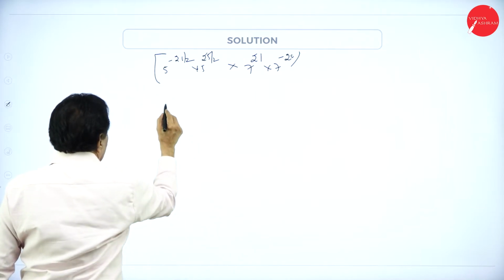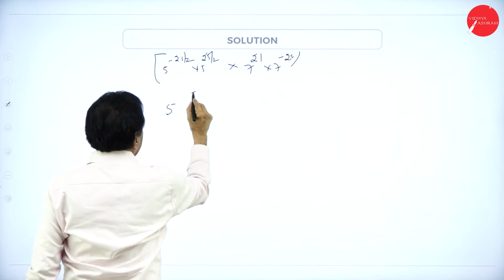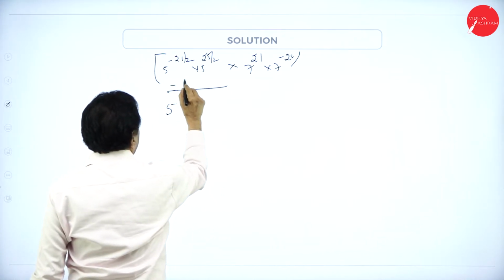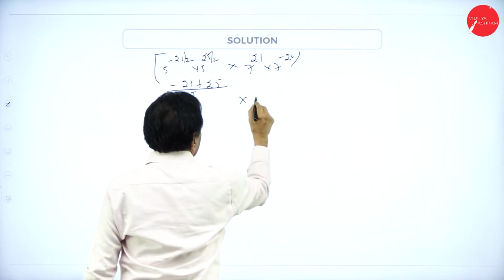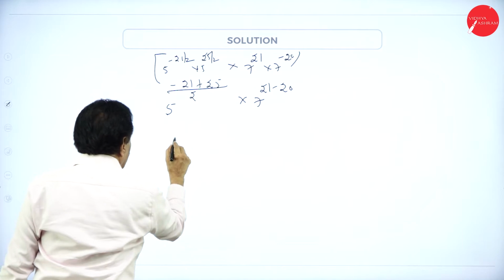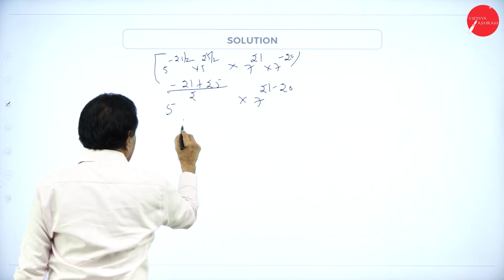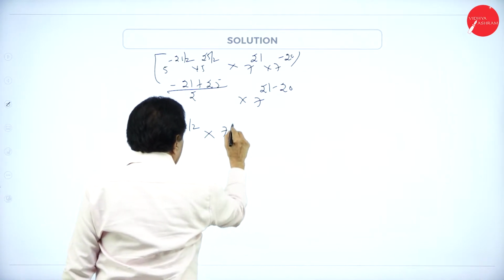So this is 5 to the power of, 2 is the LCM, minus 21 plus 25, into 7 to the power of 21 minus 20. This is 5 to the power of 4 divided by 2, into 7 to the power of 1.